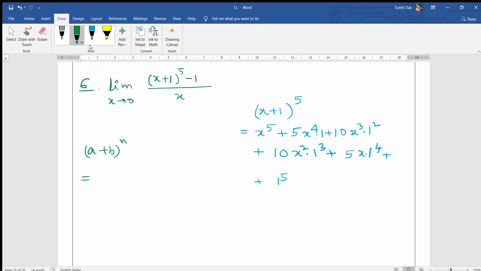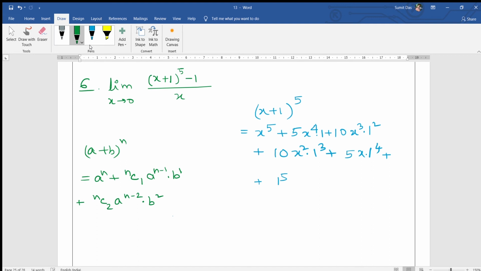So the formula is a to the power n plus nc1, where nc1 means n combination 1. We will learn this in the permutation combination chapter. One power of a will be deducted and the power of b will be increased. That is the flow. Then plus nc2 a to the power n minus 2 b square.